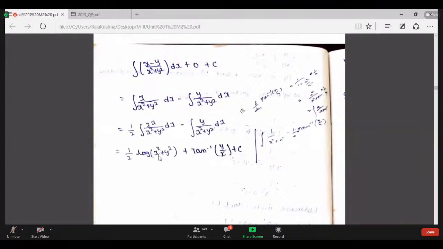According to that, integral f dash by f of x is log f of x, that is log of x square plus y square. And this term, as we are integrating with respect to x, treating y terms as constant, so here y remains constant, that is integration of 1 by x square plus a square format. So it is nothing but 1 by a into tan inverse of x by a, right? So applying that one, you will get this. Clear?